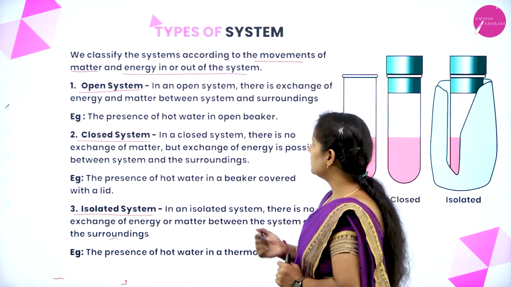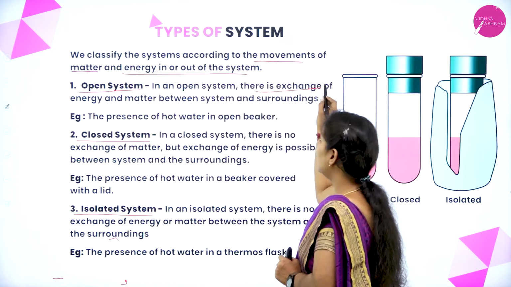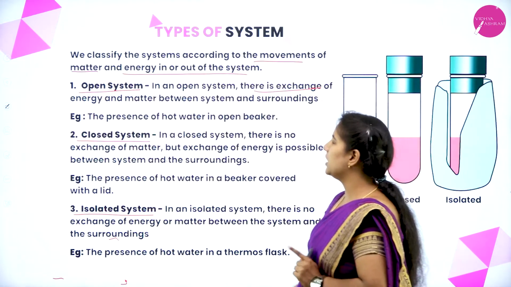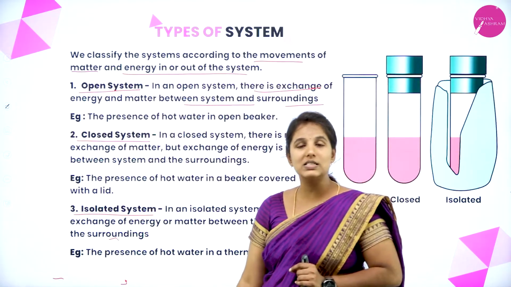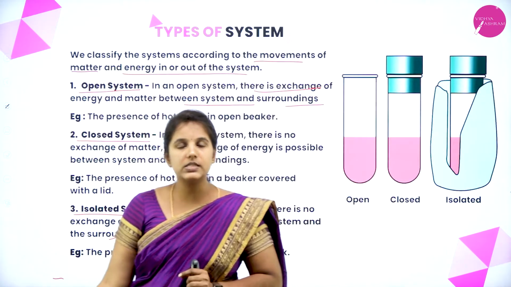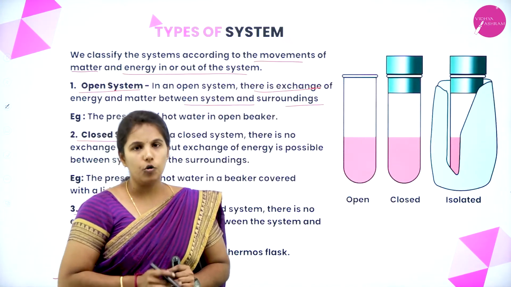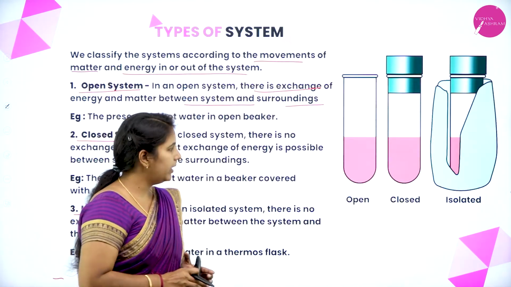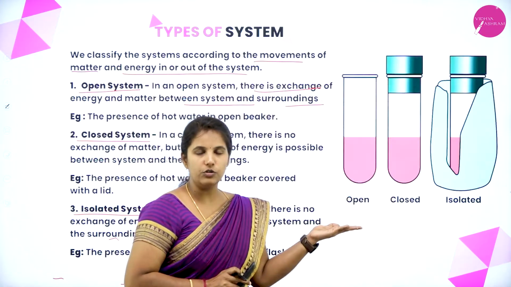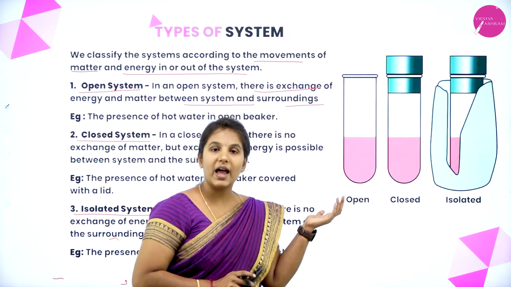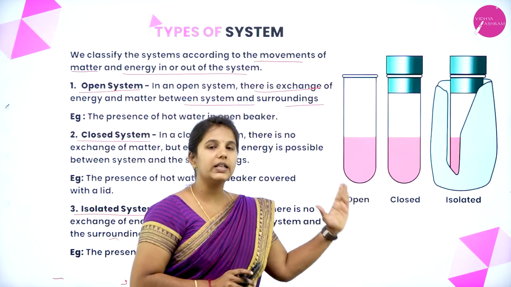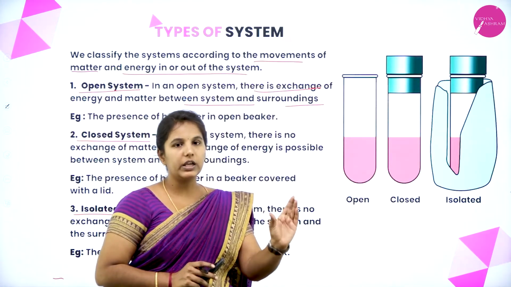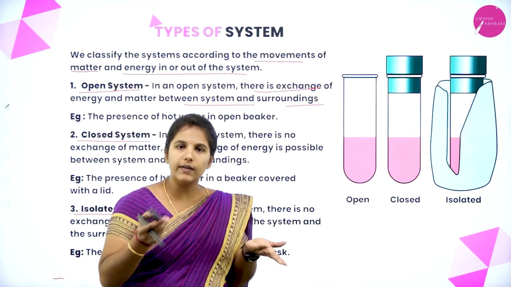An open system is a system where there is an exchange of energy and matter between the system and surrounding. Such systems are said to be open systems. For example, if I take a test tube and put hot water in it and keep it on my table, what will happen?